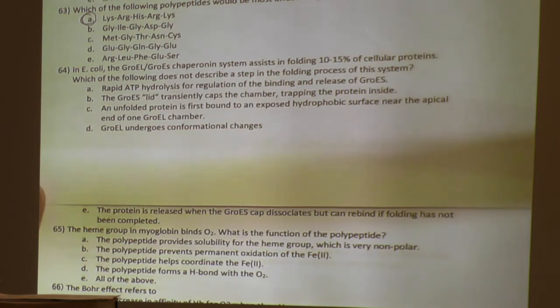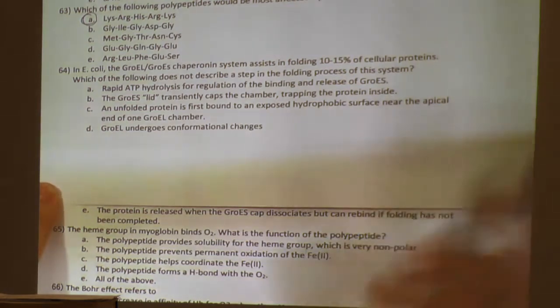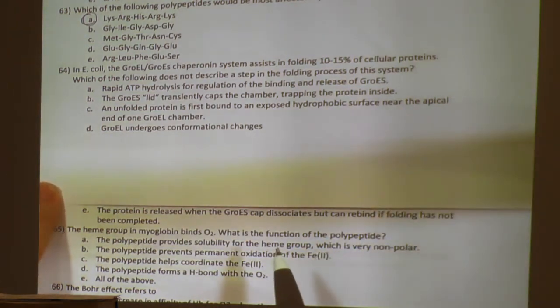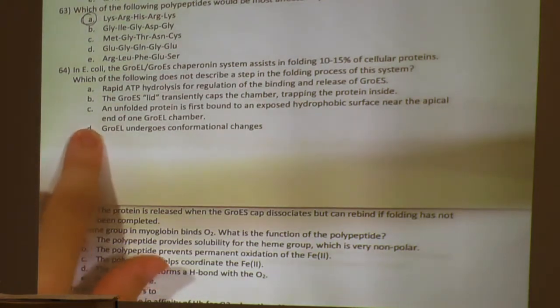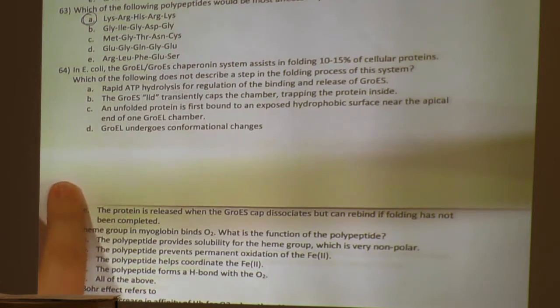I saw you answering it, and you're really close. What'd you say? No? Okay. Does anybody know? No? Okay, I'm getting a lot of blank looks. It's going to be C. An unfolded protein is first bound to an exposed hydrophobic surface near the apical end of one GroEL chamber.